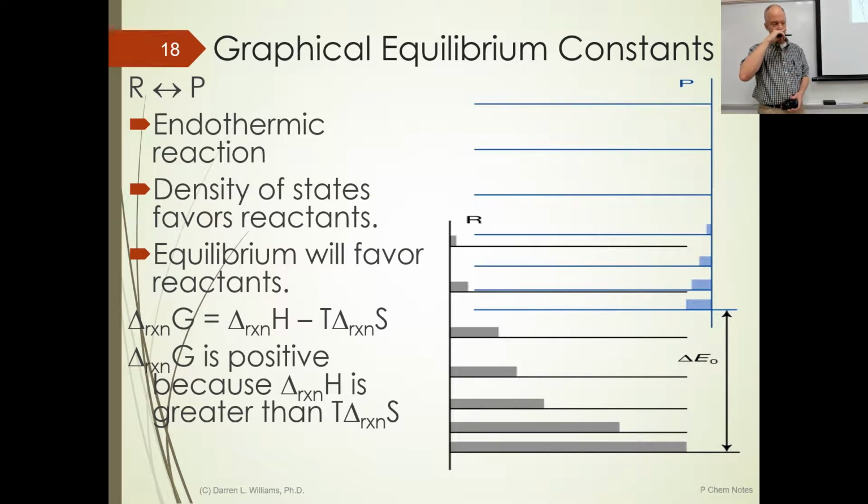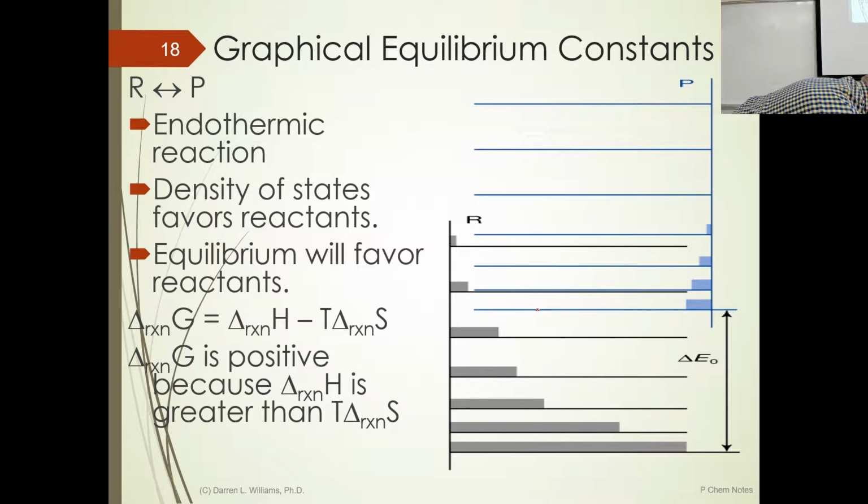Now let's look at equilibrium. So in this case, we've got reactants and products, and it's an endothermic reaction. It's uphill in energy. And we've got these gray bars that sort of represent the population. So the ground state has the most number of molecules. So that would be the Boltzmann factor divided by the partition function for the ground state. So the probability of the ground state, probability of the first excited state, probability of the second, third, fourth.